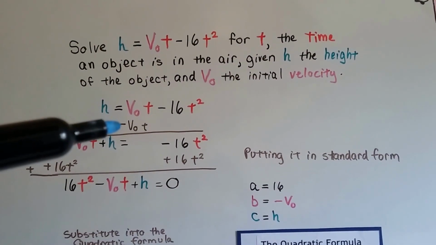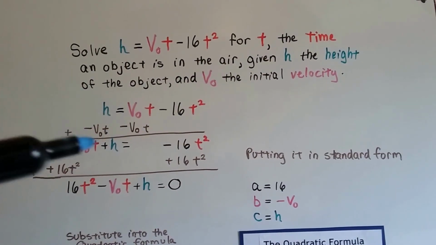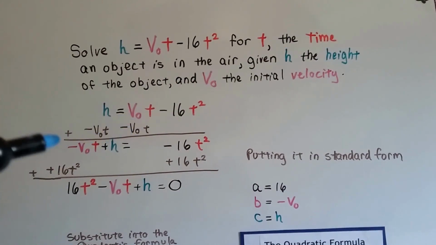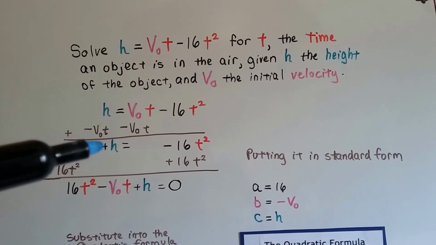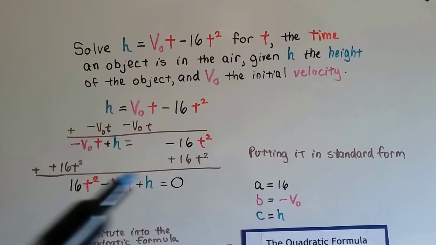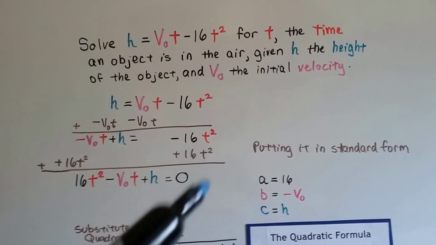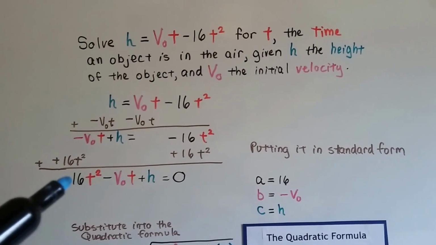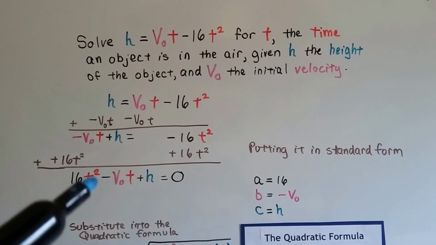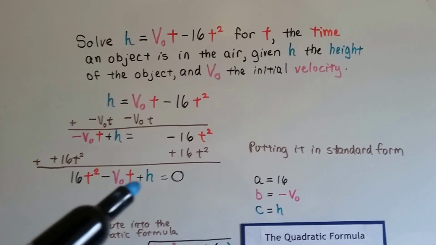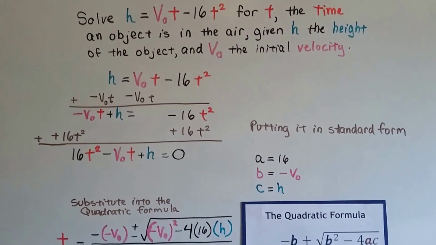So we could subtract v sub 0 t from each side of this equation, and now we have a negative 1 on this side plus the h. Then we can add 16t squared to each side of the equation, and now this side is set to equal 0, and we've got 16t squared minus v sub 0 t plus h equals 0.